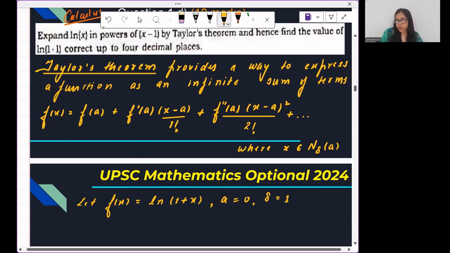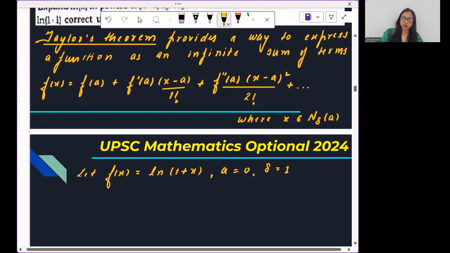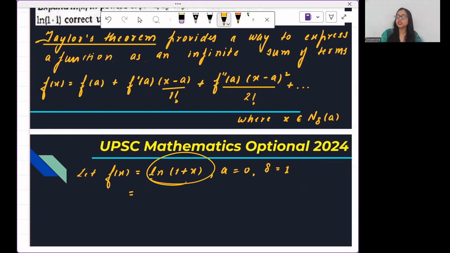So basically I'm defining my function in a neighborhood of 0 with radius 1. Now, according to Taylor's theorem, I can write this function. Log x is not a polynomial, but we are approximating it with the infinite sum of terms using Taylor's theorem.